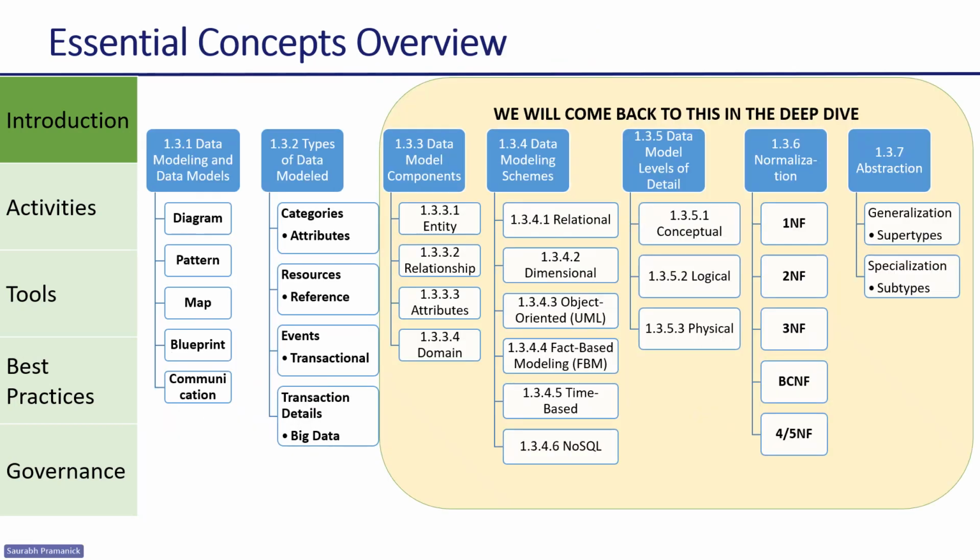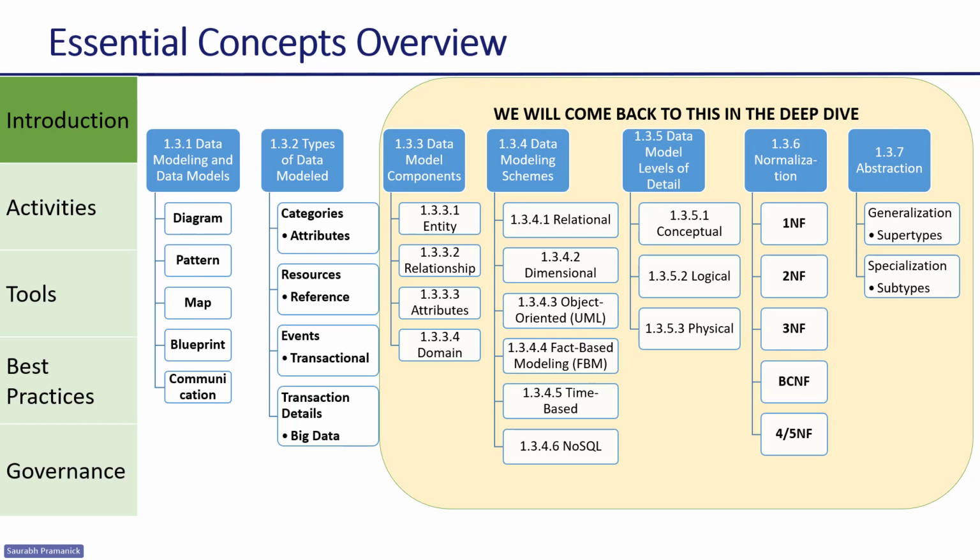Now, what are the different types of concepts that are associated with data modeling and data models? If you take any software development or system development life cycle, data modeling is always included as a key step.